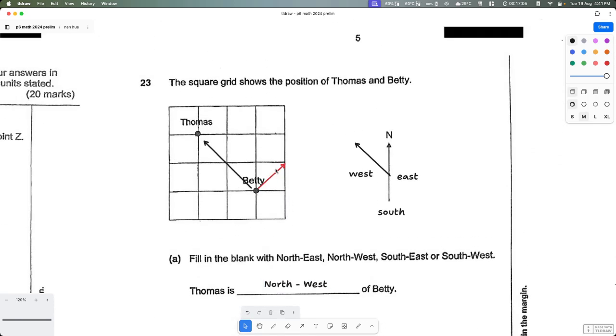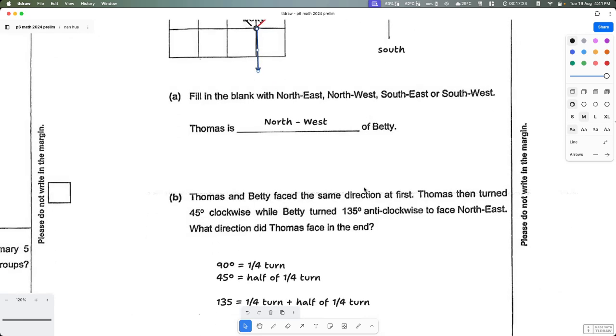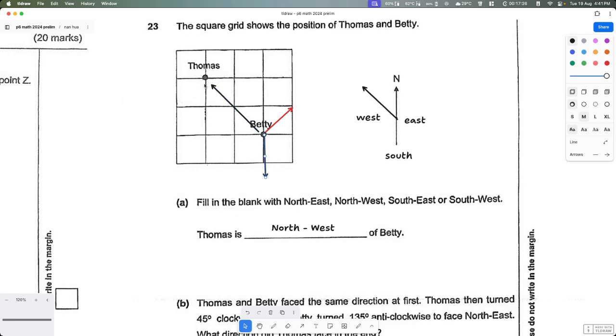So this was anti-clockwise. That means she was this way, right? So we need to reverse this way, clockwise. We know that 90 degrees is here, and then after that she does half of it, which means she was facing the south. So that means Thomas was also facing the south first, right?